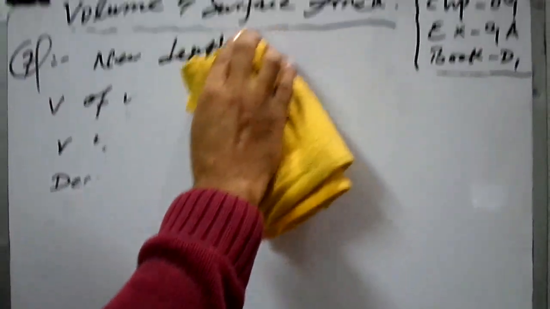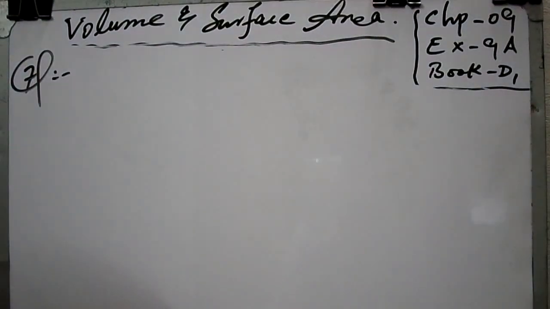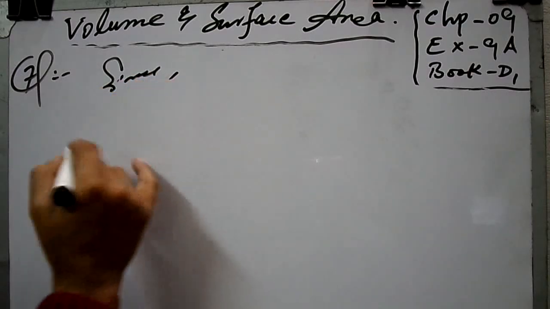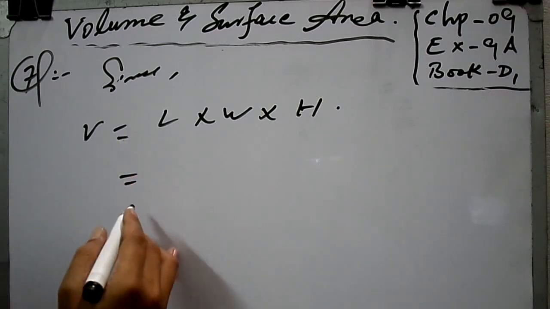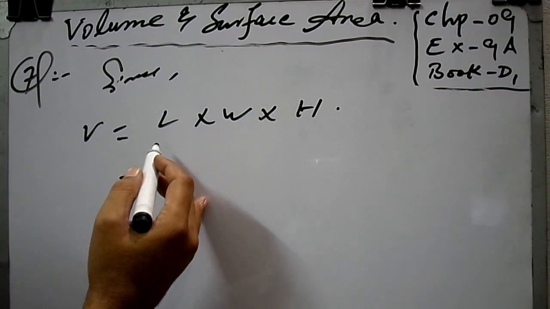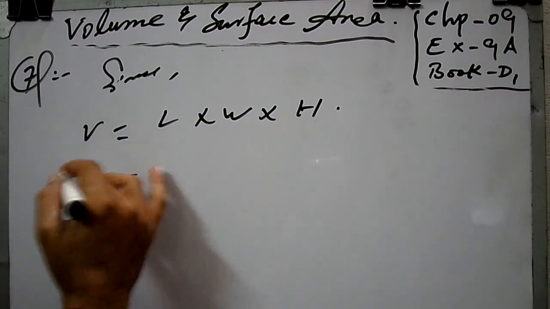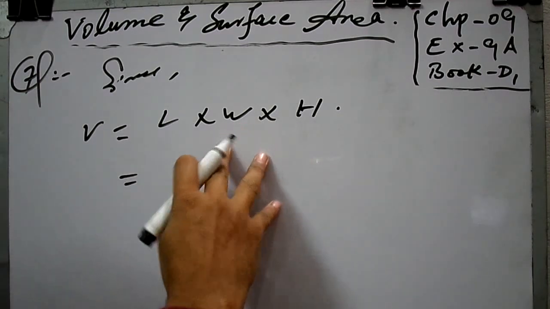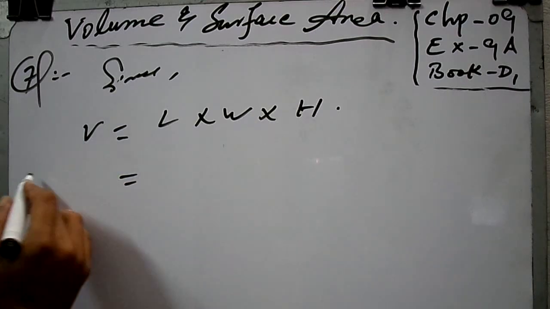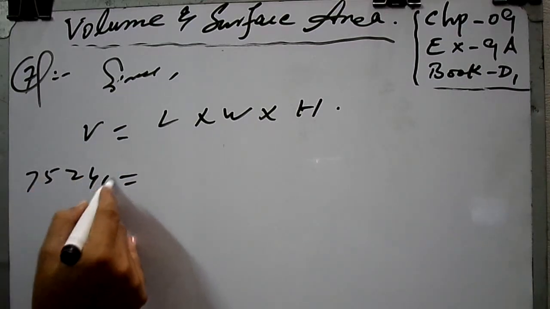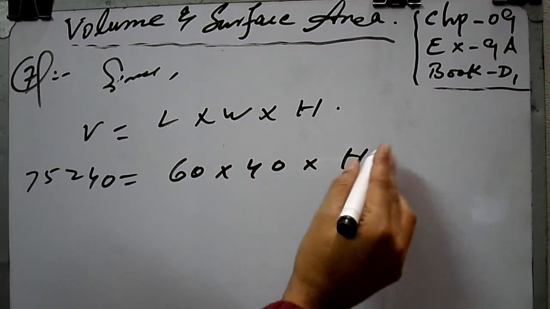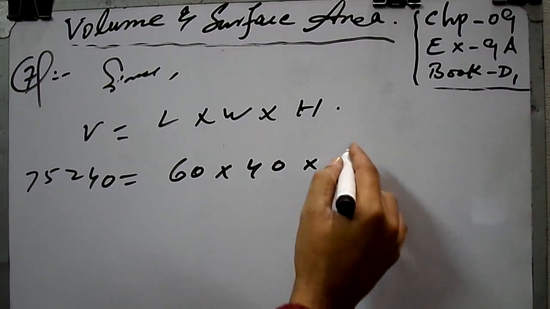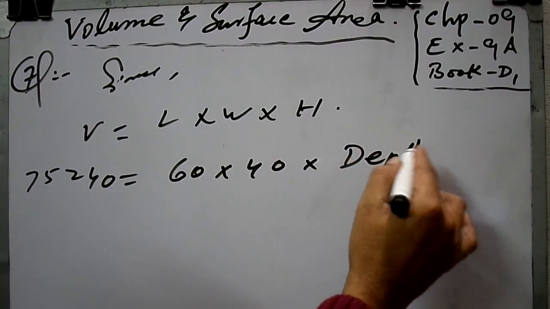As we have to find height or depth, it should be noted that volume is equal to length into width into height, so we have to find its height. The volume is 75240, the length is 60, and the width is 40, and we have to find the height, which is known as depth.